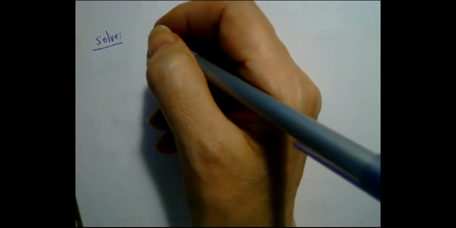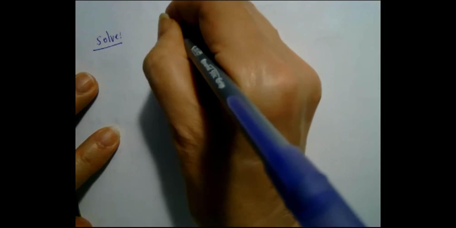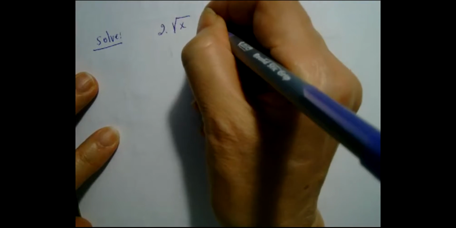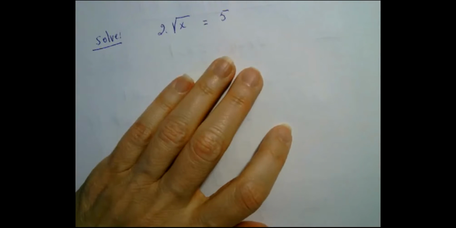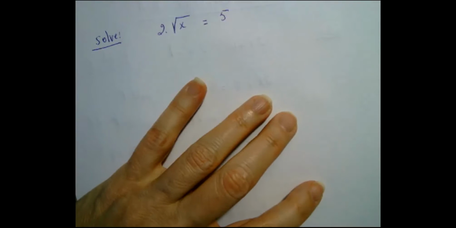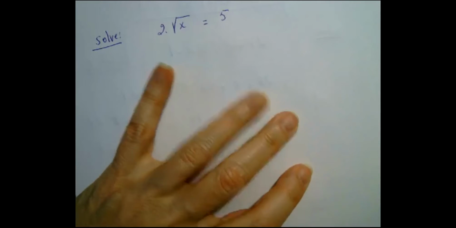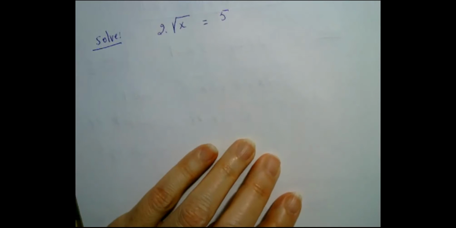Okay, suppose I tell you to solve the following equation: 2 times the square root of x equals 5. I will let you think about it, and then I want you to tell me what I am supposed to do. Please, every one of you is responsible for doing the work.